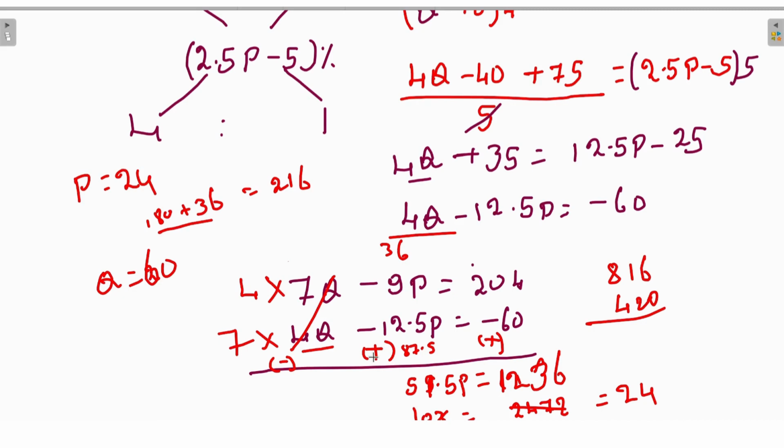Try 12.5 into 24, that is 25 into 12, 25 12s are 300. If it shifts to that side, 300 minus 60 becomes plus, that is 240. Again divided by 4, 4 6s are 24. So if I substitute here, easily I will get the answer, that q is equal to 60.